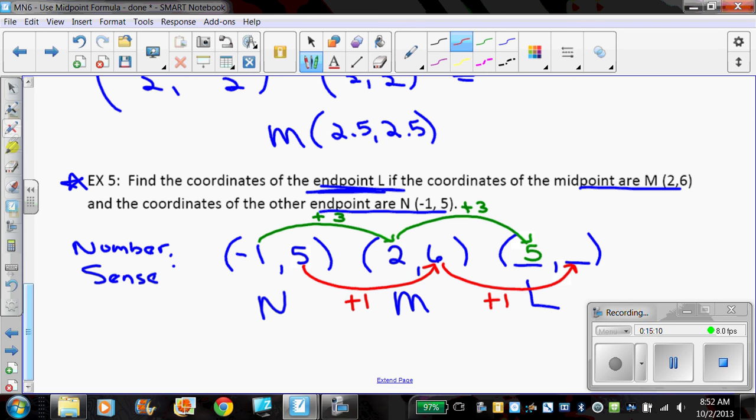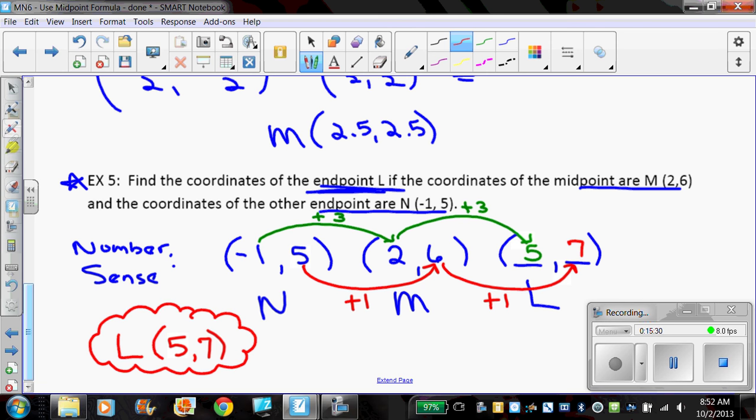So again, let me just say this again. 5 to 6 is adding 1, so 6 plus 1 is going to give you 7. So the midpoint here, or not the midpoint, I'm sorry, the endpoint, L, is going to be the point 5, 7. So it's as easy as using number sense and noticing what the movement is and just being consistent with that movement.